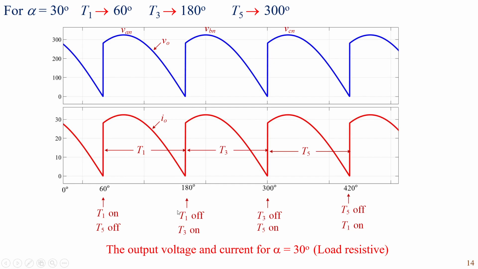Ideally, T3 is turned on at 180, and from omega t equals to 180, the load is subjected to B phase voltage. At omega t equals 300, T3 is turned off and T5 is turned on. From omega t equals 300, T5 is on, the load is subjected to VCN.